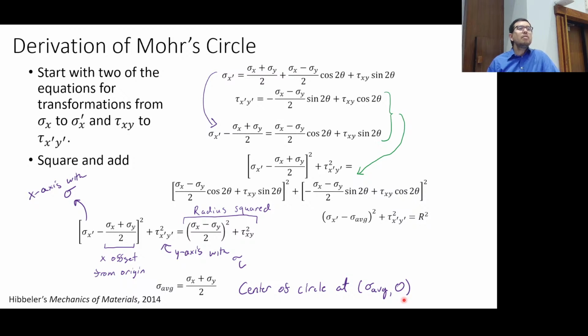Is it pre-calc? No, it's probably algebra 2. Where in your math do you first learn about the equation for a circle? Algebra 2, is it? Okay. And what is the equation for a circle? At the origin, nonetheless.